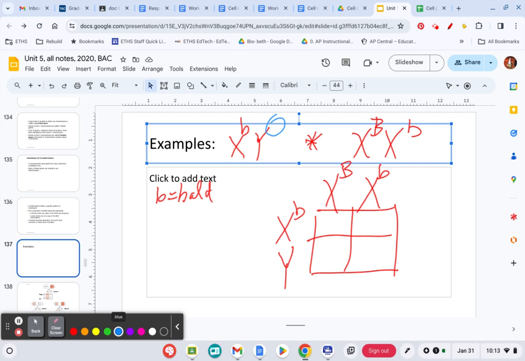So you just leave the Y blank. Now, there's nothing on the Y, so it's just a little b. I have a big B and I have a small b.